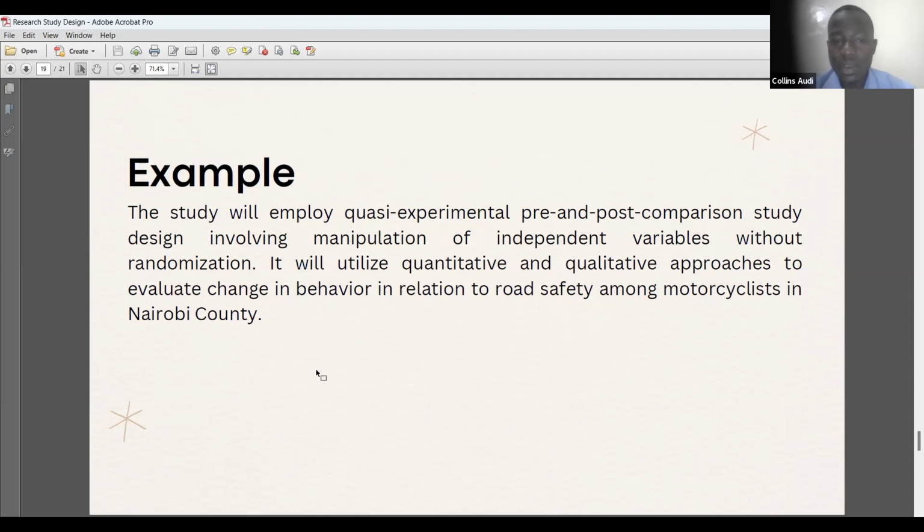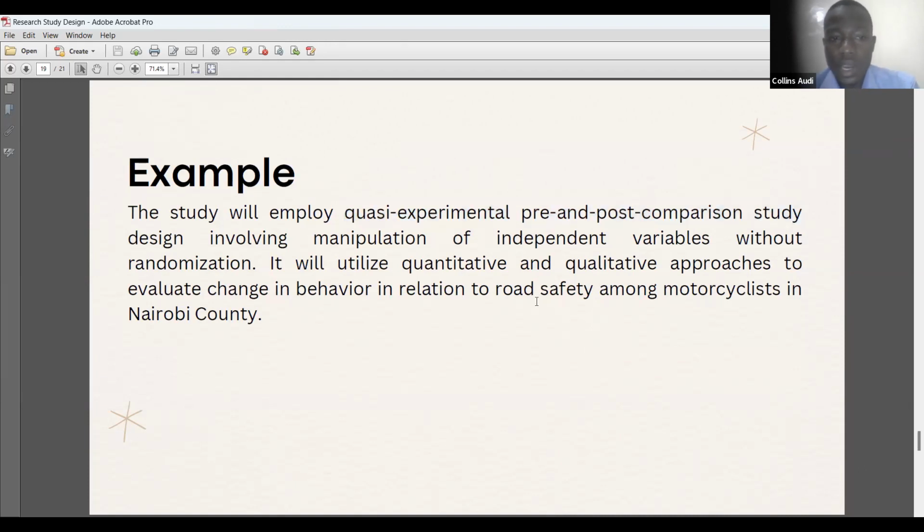So the study will employ a quasi-experimental pre and post comparison study design because, remember we talked about the manipulation of independent variables, it involves manipulation of independent variables without randomization. So a quasi-experiment basically involves no randomization, but we are manipulating the variables. So you have to justify why you are choosing this particular study design.